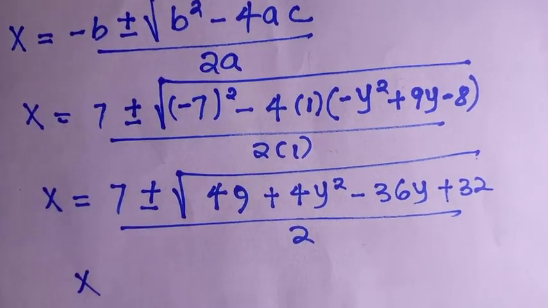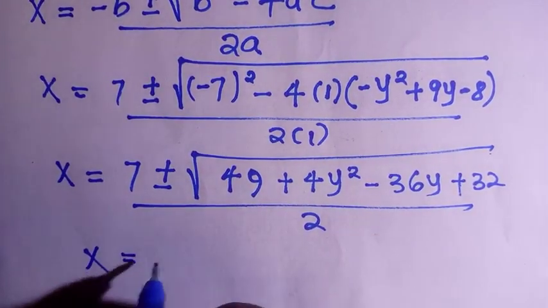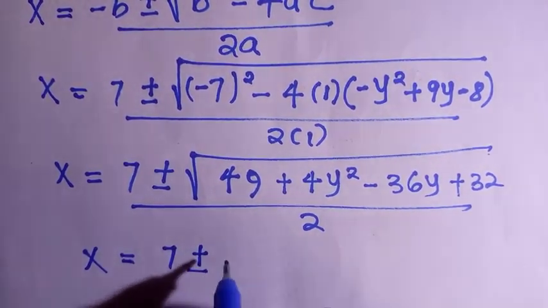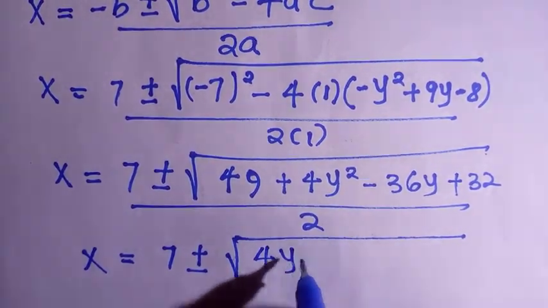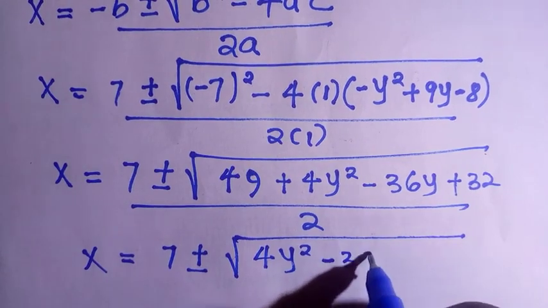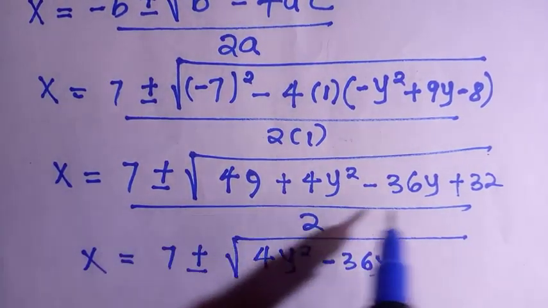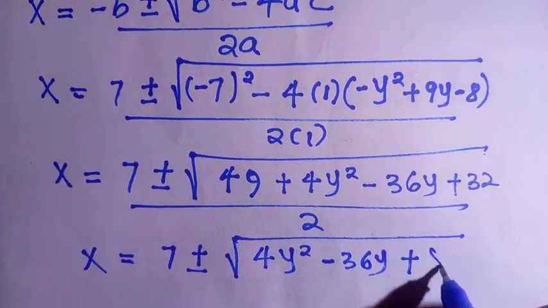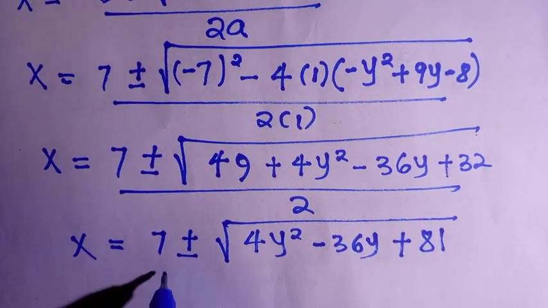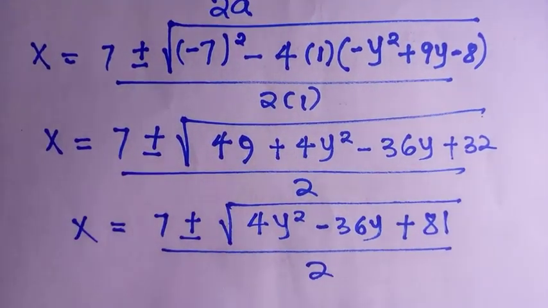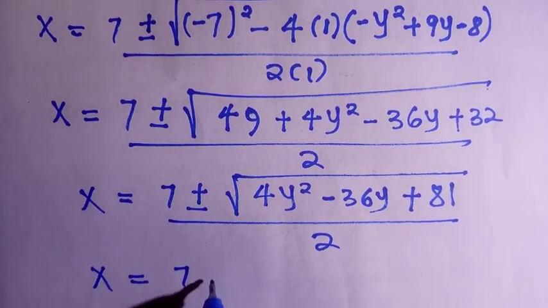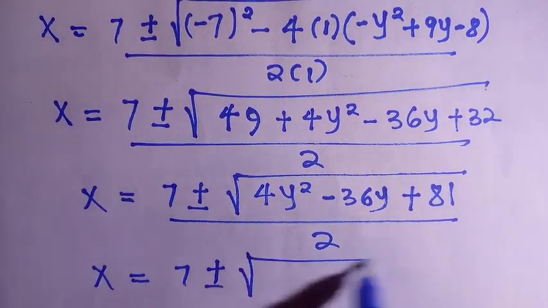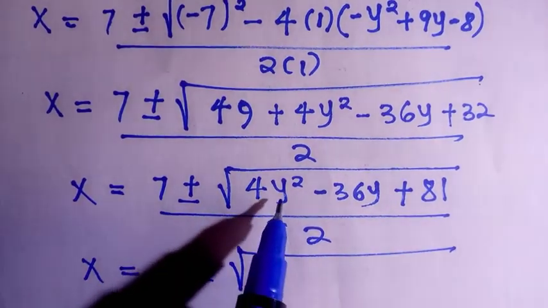So the next thing is x equals 7 plus or minus the root of, if we do the rearrangement, 4y squared will start, then followed by -3y, and 49 plus 32, that is 81, and all divided by 2.